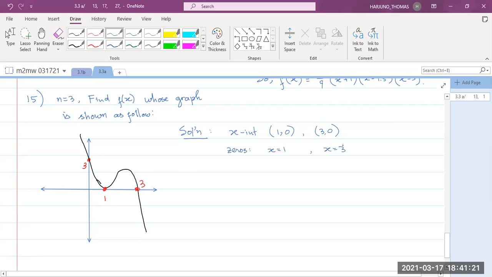Now, we have degree n equals 3, though. And we see that around the critical number 1, the sign on the left and on the right are the same.